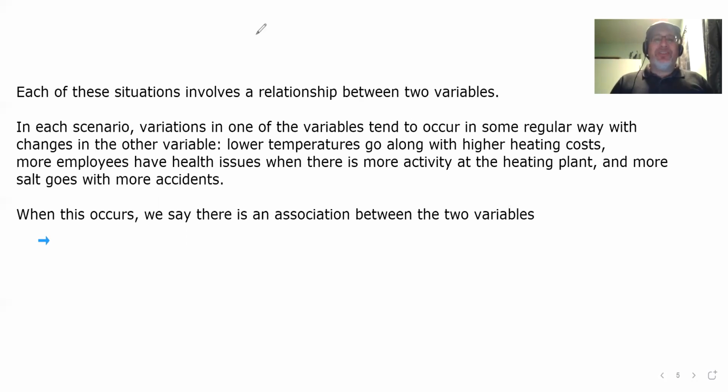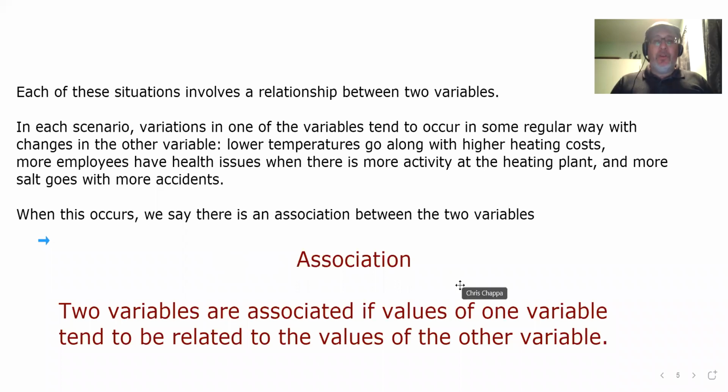When this occurs, we say that there's an association between the two variables. An association: two variables are associated if values of one variable tend to be related to values of the other variable. Now be careful. I'm not saying that one is causing a change in the other. I'm simply saying that there's an association between the two.